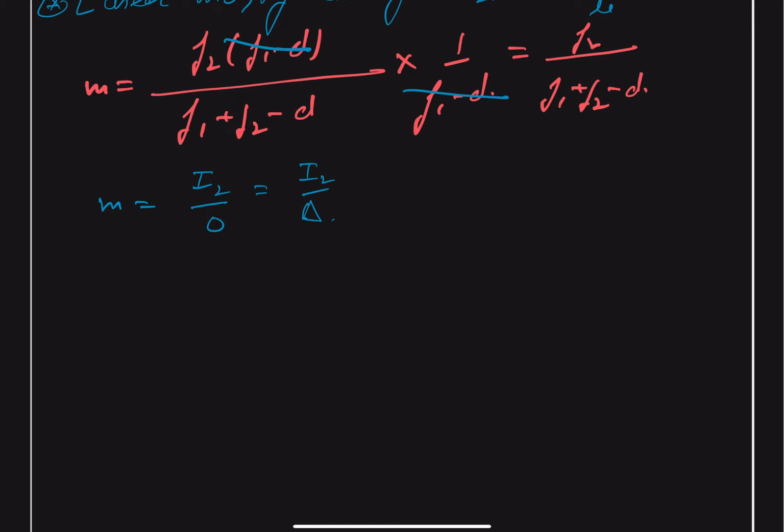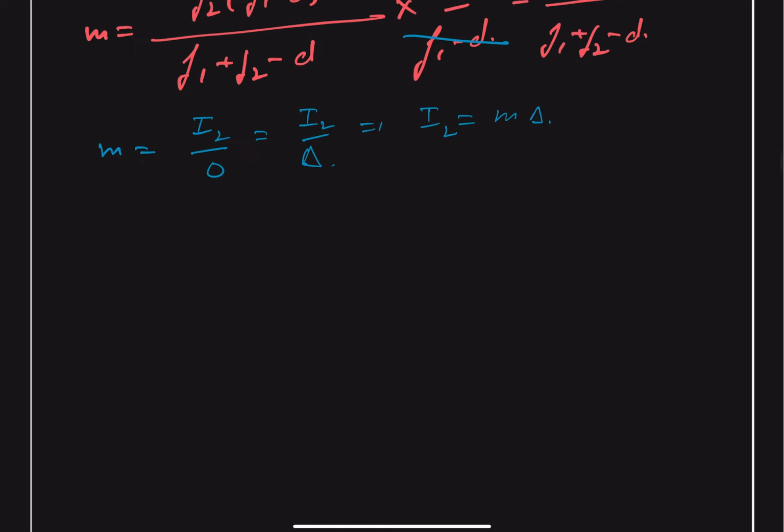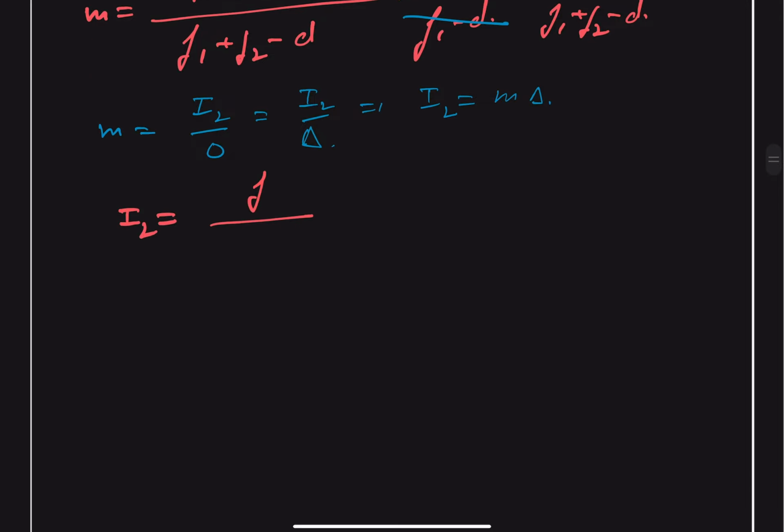So this gives us that our I2 will be equal to, we just found out our magnification, v upon u, so this comes as m times delta. Now we substitute the value of m, so this gives us that our I2 will be equal to f2 upon f1 plus f2 minus d, multiplied by delta.